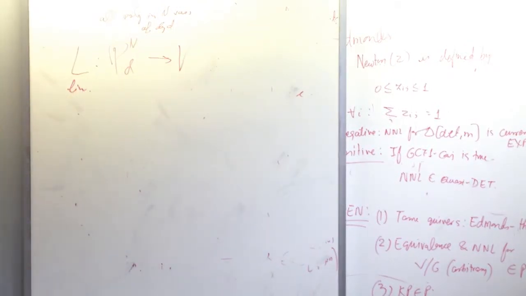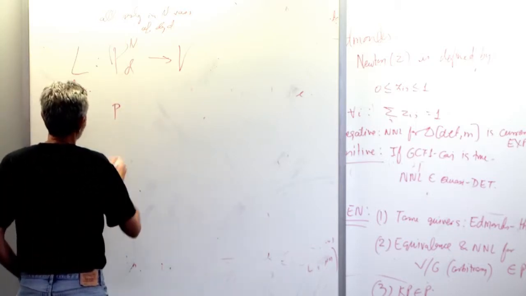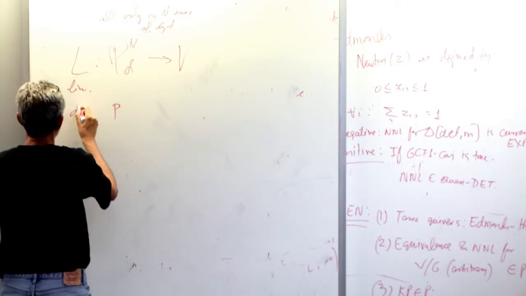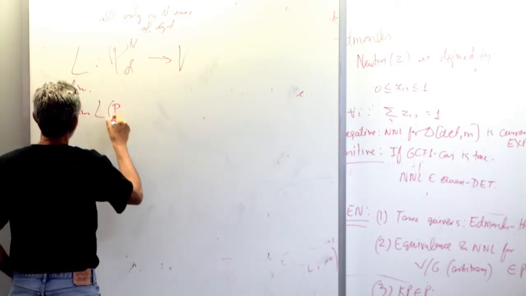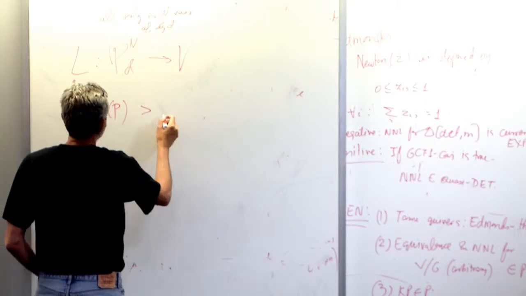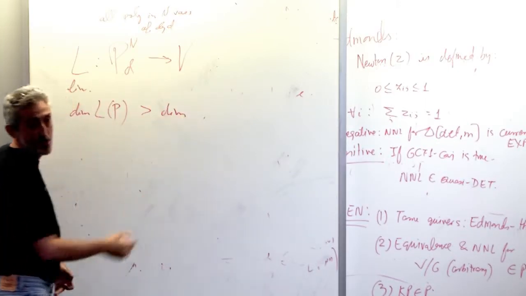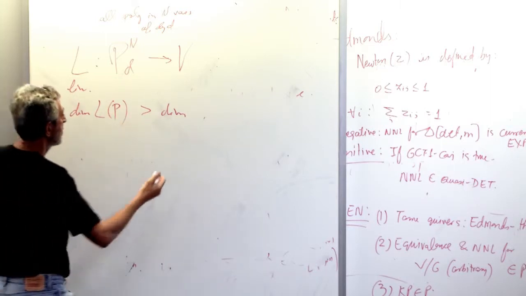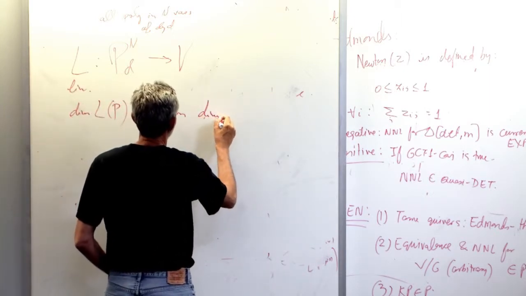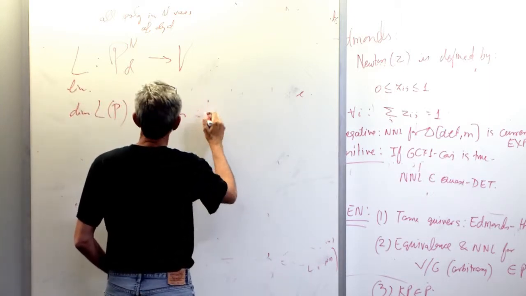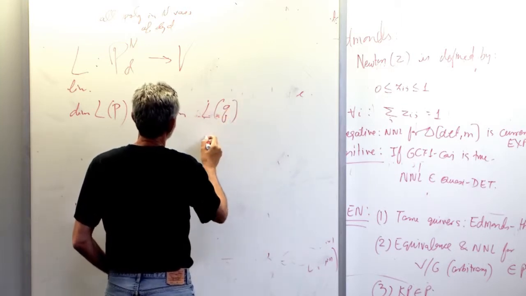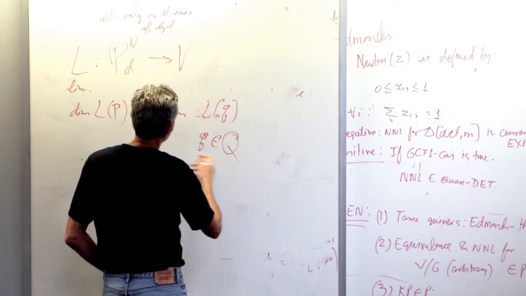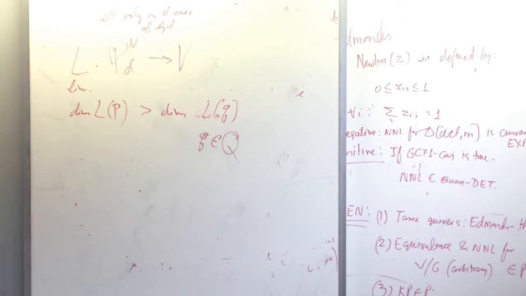And the way we prove lower bounds is, for a polynomial p, we want to say that the dimension of L of p is bigger than the dimension of L of Q, of course, for Q in some class, a family of circuits, or the closure of determinant, whatever set we are trying to prove the lower bound for.